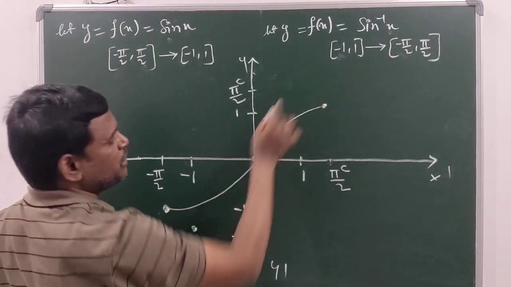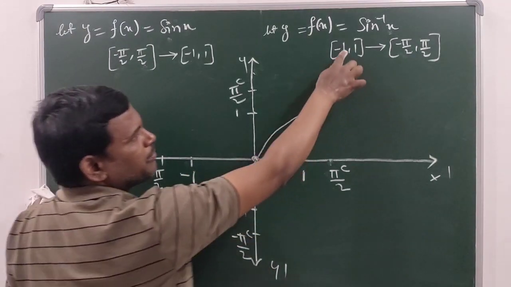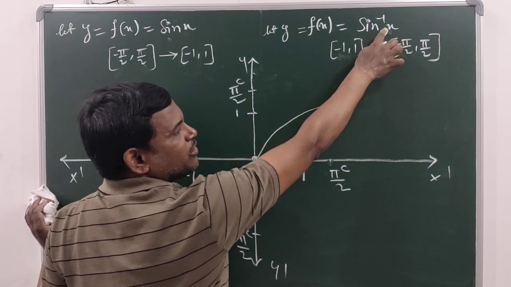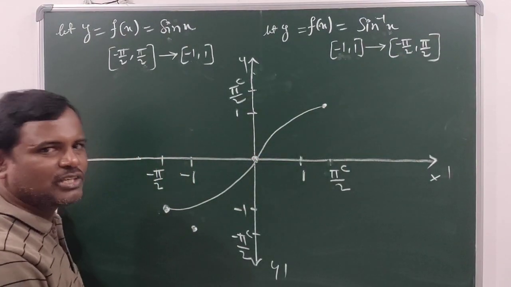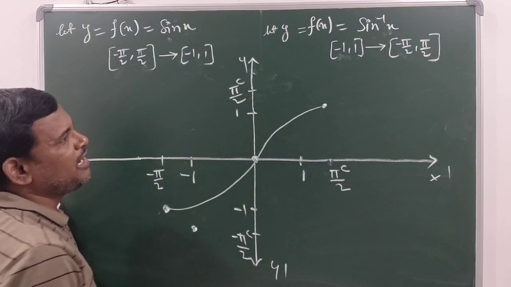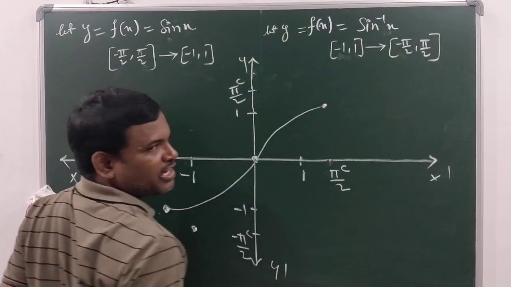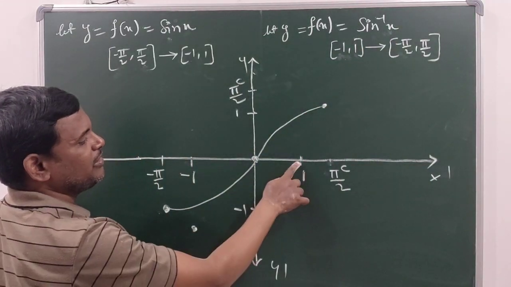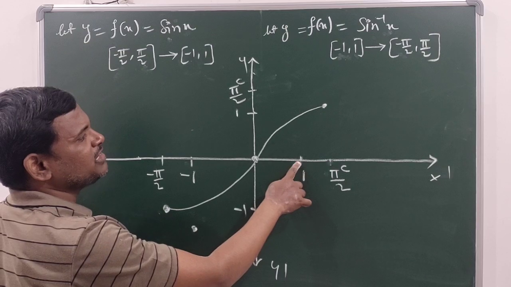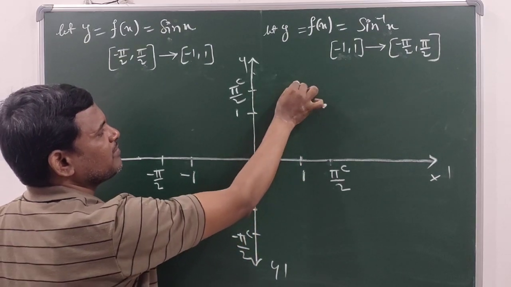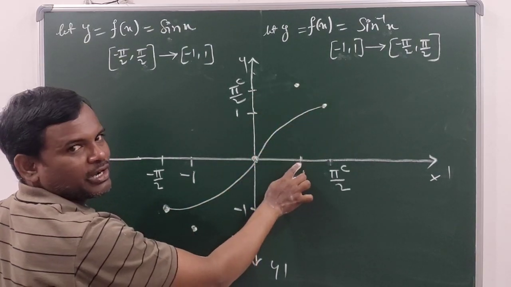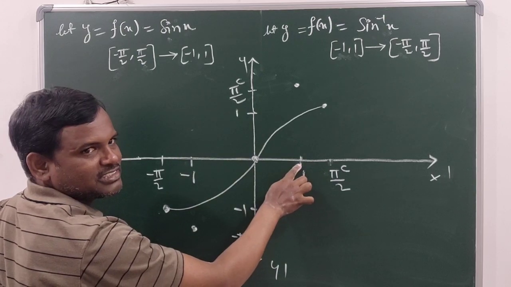Similarly, when you put 0, 0 you will get. Middle 0 will be there now. If you write here 0, sin inverse of 0 is 0. Okay? And if you write 1, when do you get 1? Sin 90. When you write domain value 1, the respective range will be here 90. Domain we have to take from the x-axis.